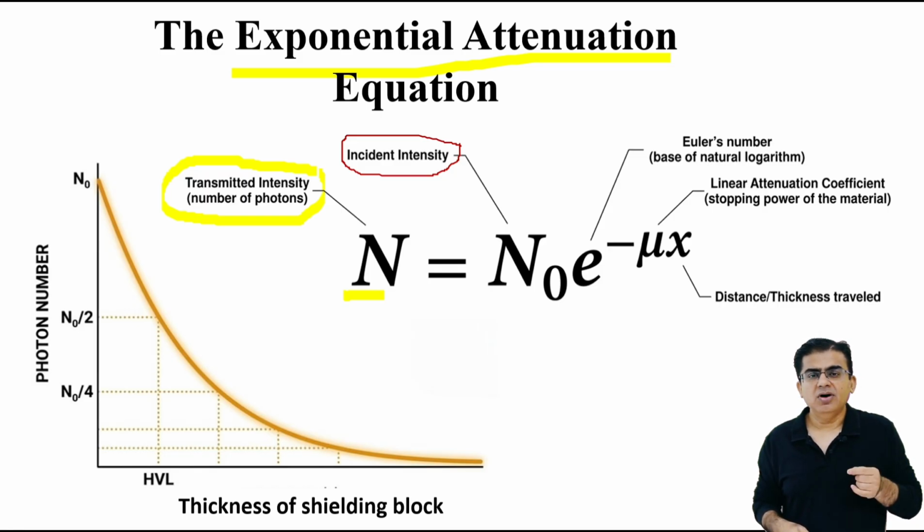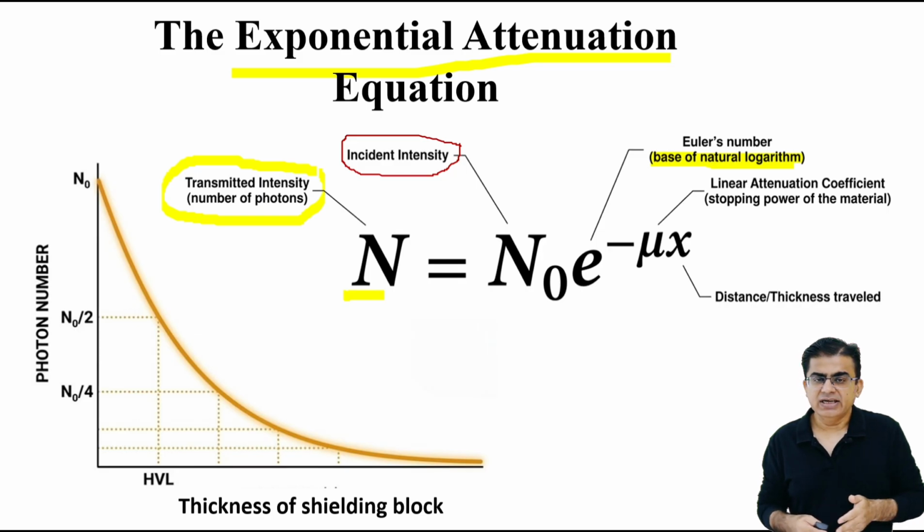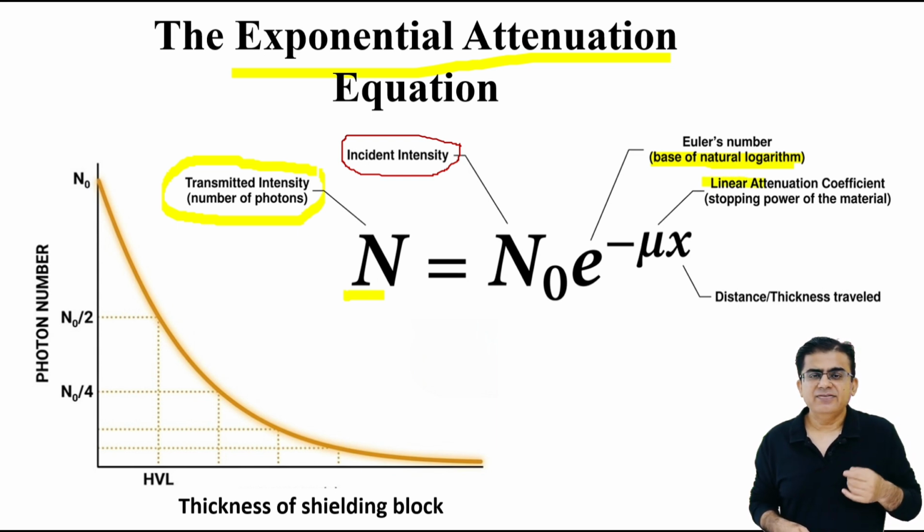Then we have this small letter e. It is simply the mathematical base of the natural logarithm that dictates this continuous decay. I know you may not understand it, it requires maths, but just take it as it is. Now look at the Greek letter mu. This is our very familiar linear attenuation coefficient.